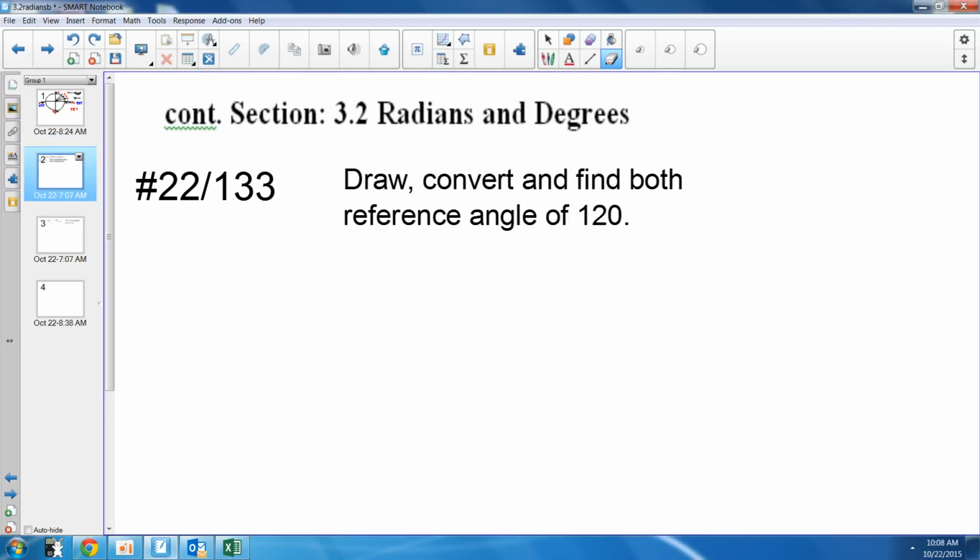Some of it is slightly conversion, but then the second part, which is going to take some time, is going to be on only dealing with radians and reference angles. Notice on your homework I did change it on Thursday in case you missed that. There is a section there that I added just odds, and that's going to cut down your homework substantially. So that takes a long time on that lesson.